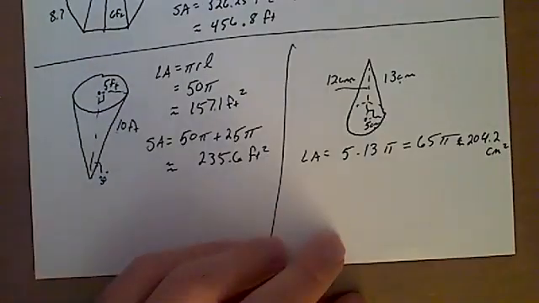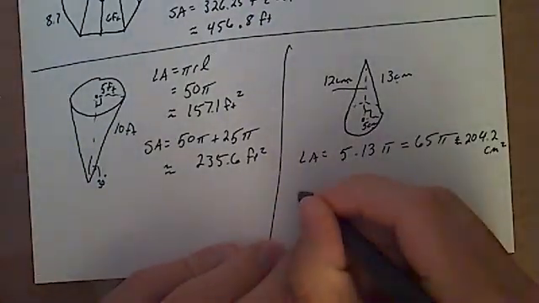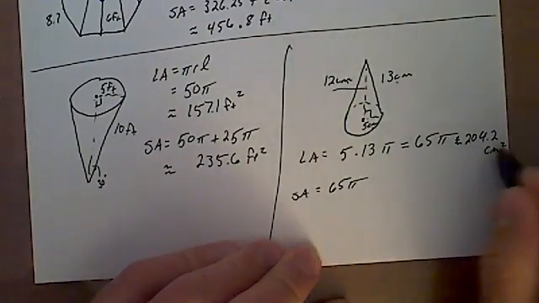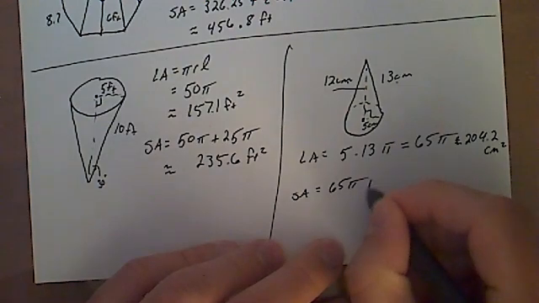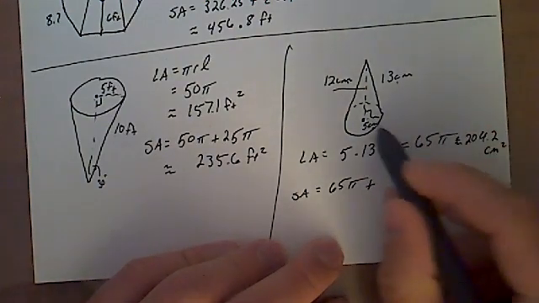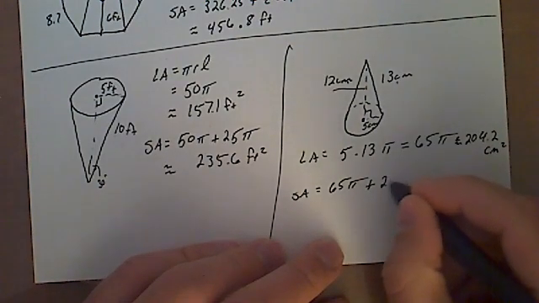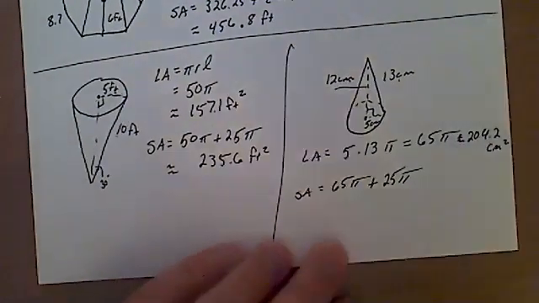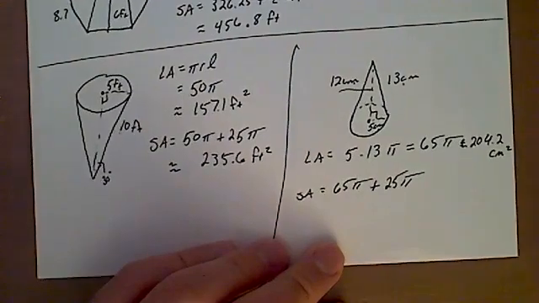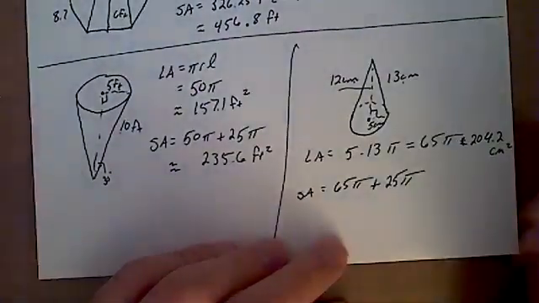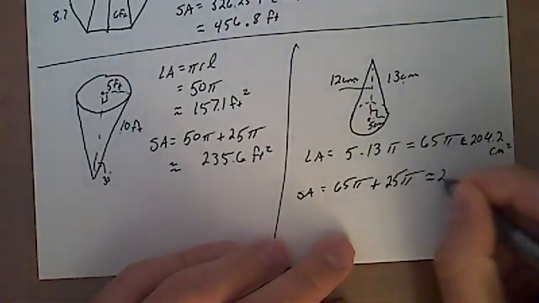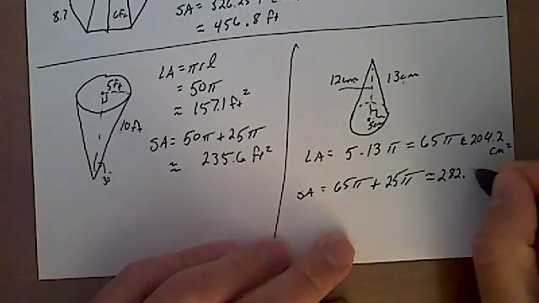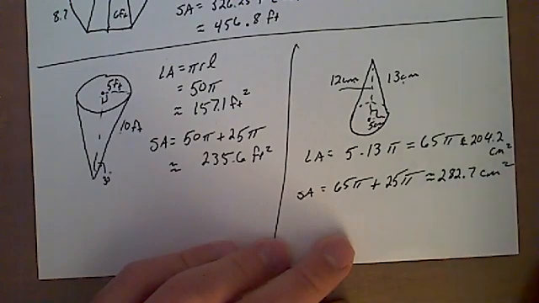And surface area then is, I would use 65 pi, not the rounded answer here, plus pi r squared. R is 5, square is 25, so we get 25 pi. That is 90 pi, and 90 pi is about 282.7 centimeters squared.